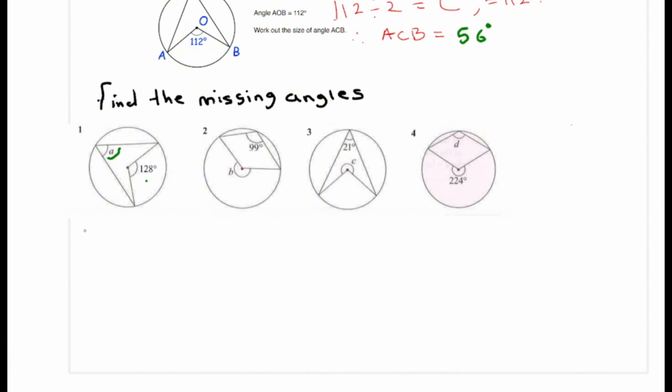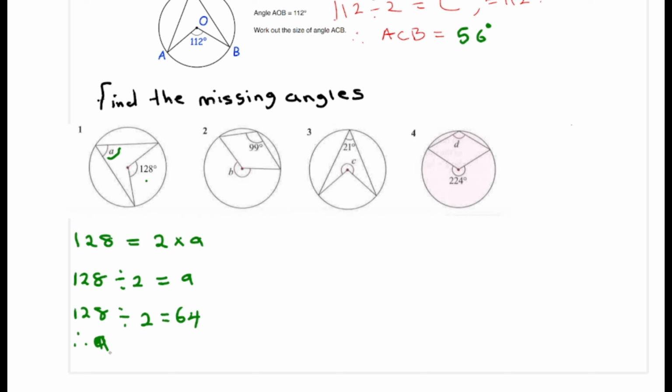So that means 128 equals 2 times A. Therefore, 128 divided by 2 would give us A. 128 divided by 2 is 64. So A equals 64. The missing angle is 64 degrees.